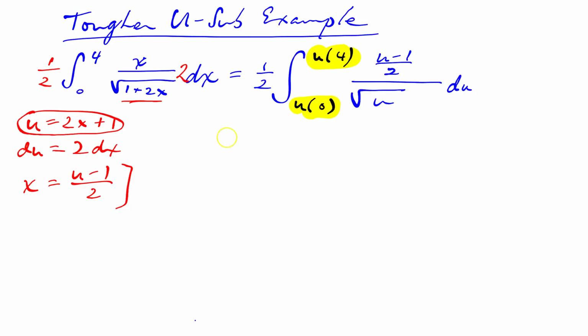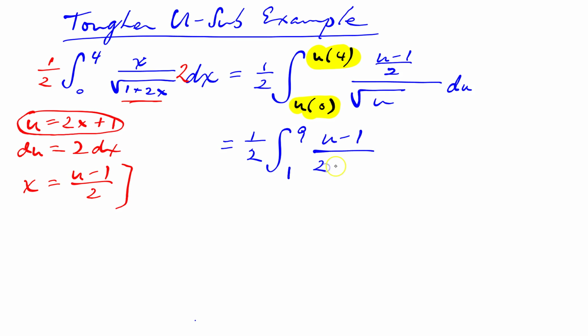So let's simplify this, and we're going to start to evaluate now. So u of 0 is 1, and u of 4 is 9. And what we're going to do next is we're going to manipulate the integrand, because it is manipulatable at this point, if I can use that word.